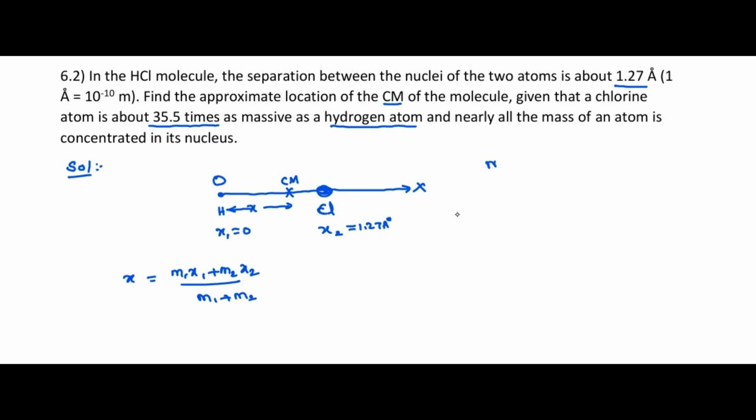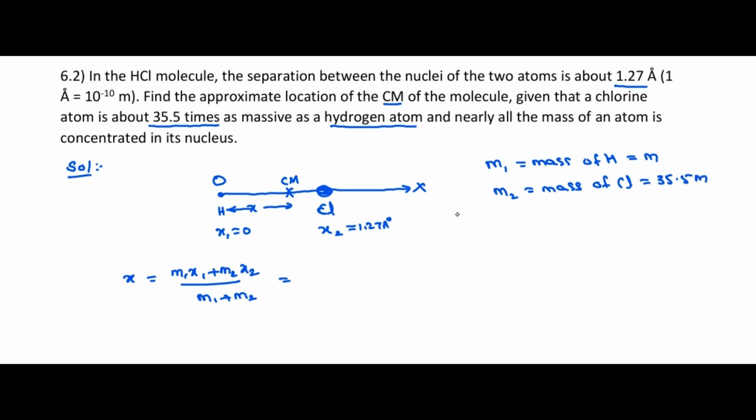Here we can take m1 is mass of the hydrogen, that is simply m, and m2 is mass of chlorine, that is 35.5 times the mass of hydrogen according to the given data.